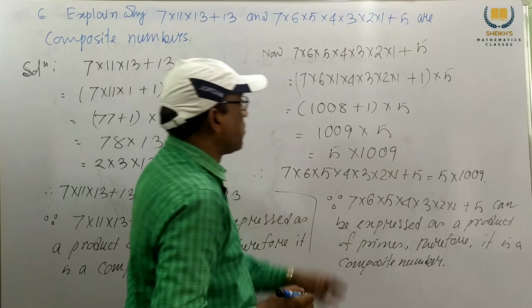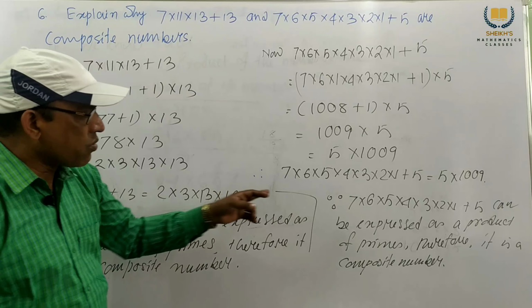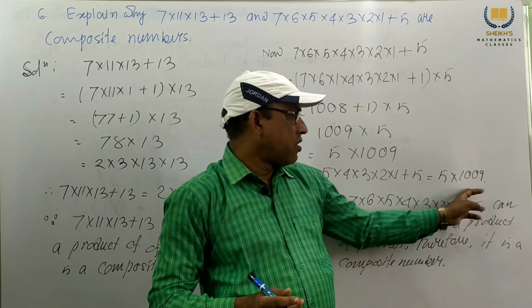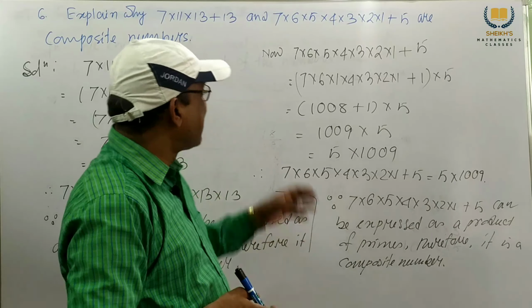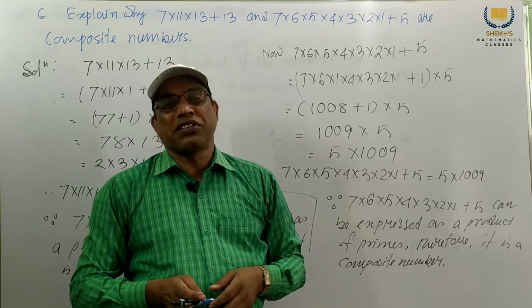This number is composite because it can be expressed as a product of primes. So this is our answer: both the numbers are composite numbers.